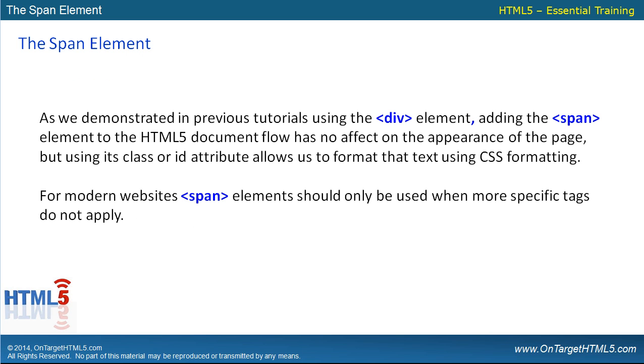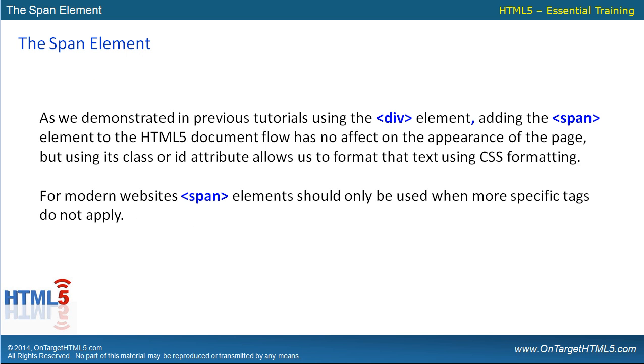As we demonstrated in previous tutorials using the div element, adding the span element to the HTML5 document flow has no effect on the appearance of the page. In other words, just as with the div element, we had no actual effect on the document flow. We saw nothing in the browser window to indicate that we actually had a div element installed or in place inside my HTML file.